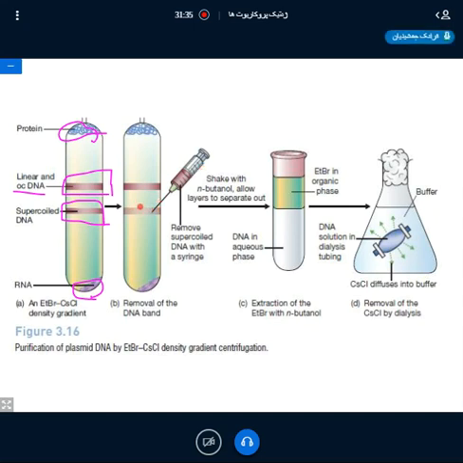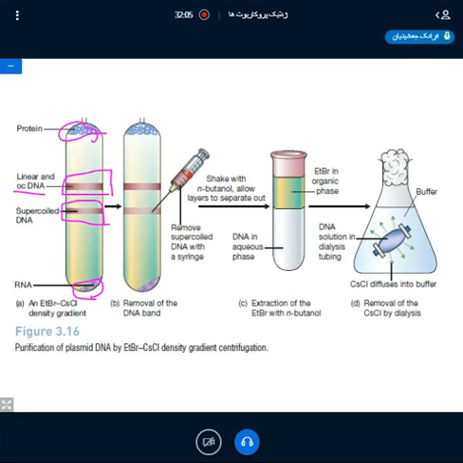Understand up to now? Okay, so we remove the supercoiled DNA with a syringe.